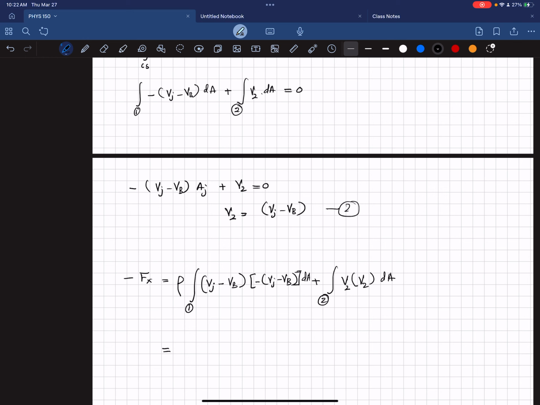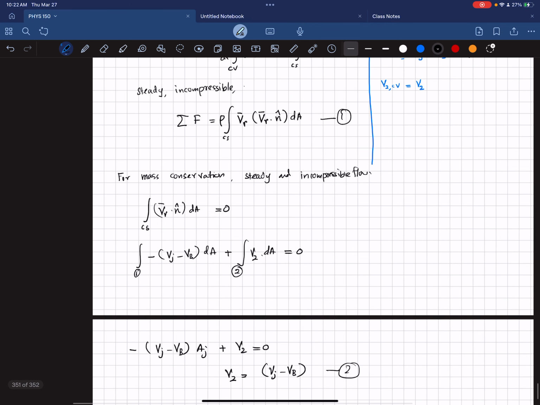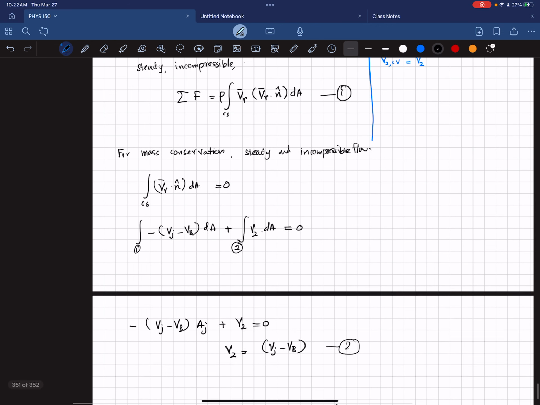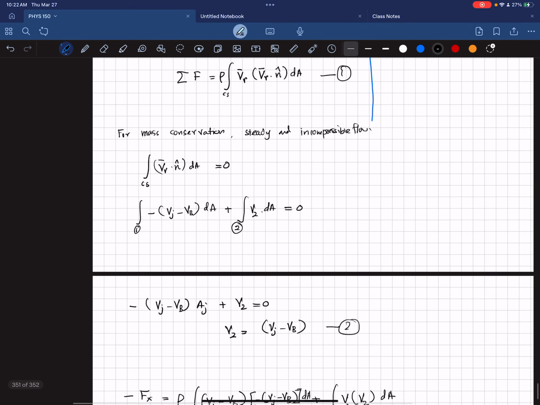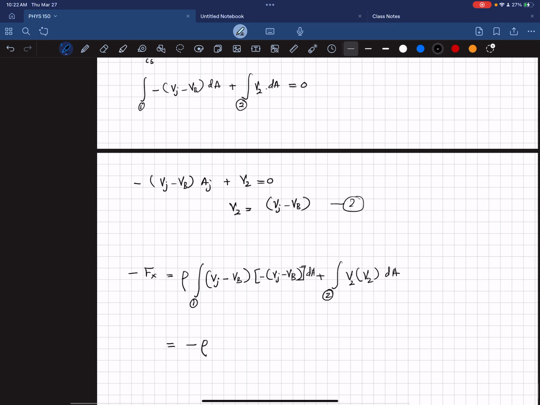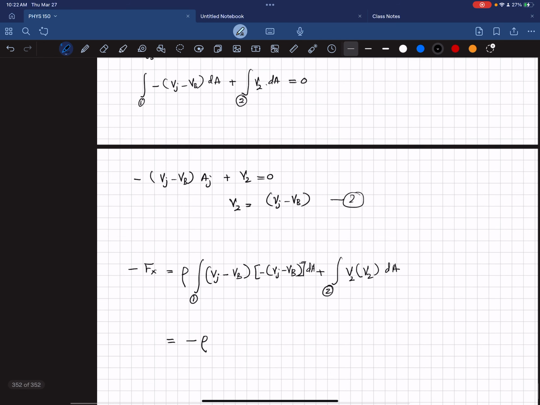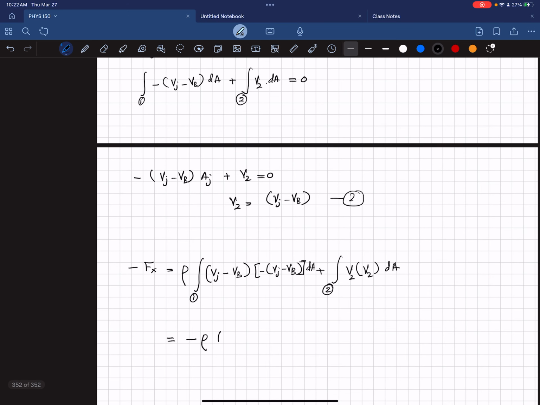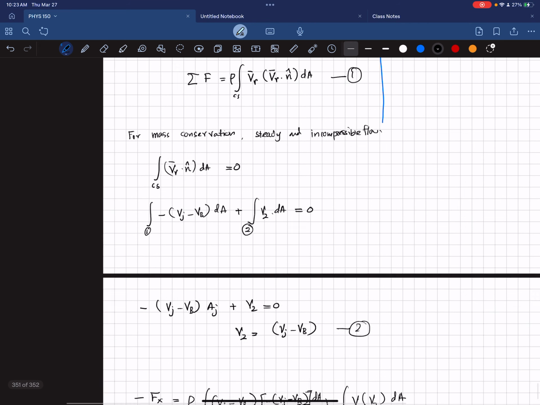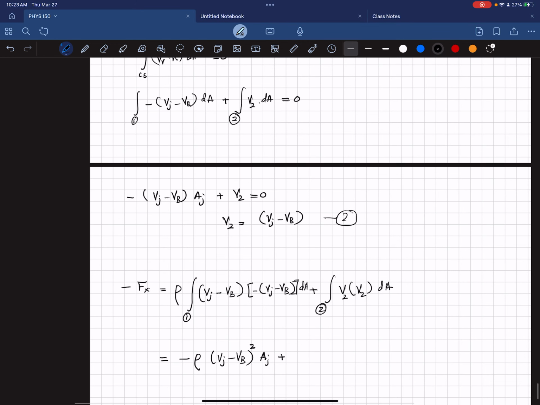So considering those are uniform velocities, we get rho, negative Vj minus Vb squared Aj, plus V2, the relative velocity in the same direction.